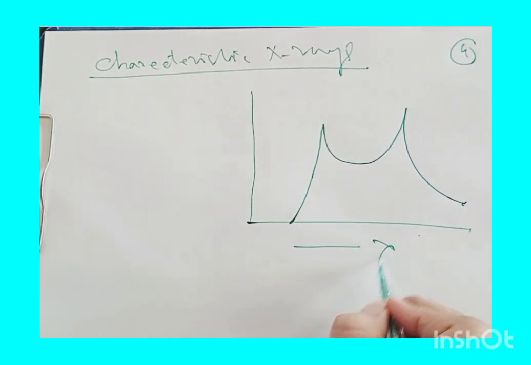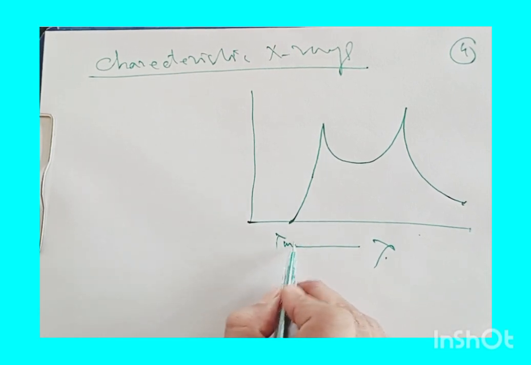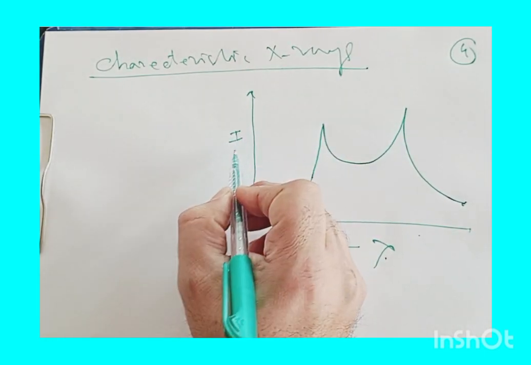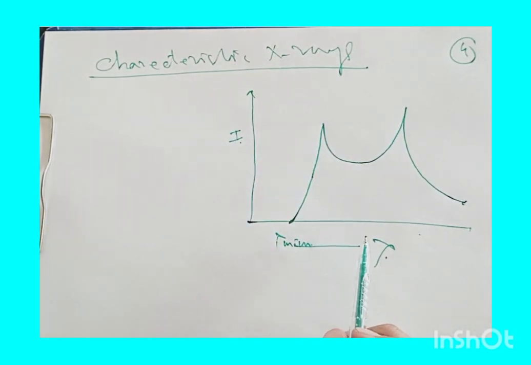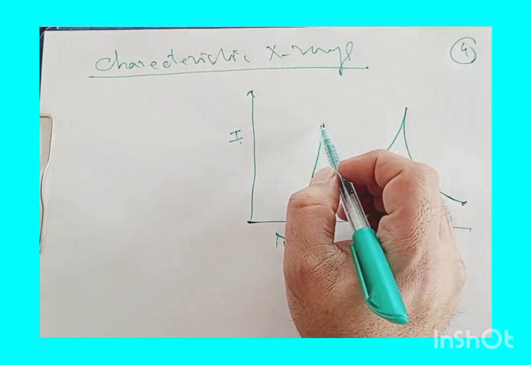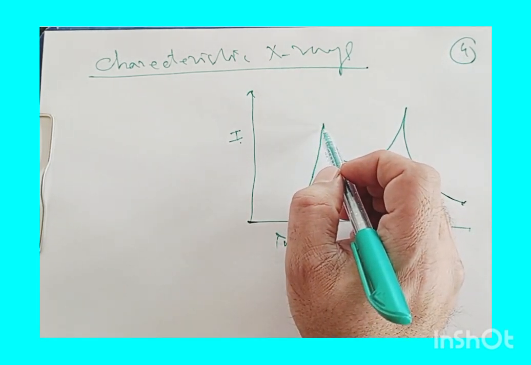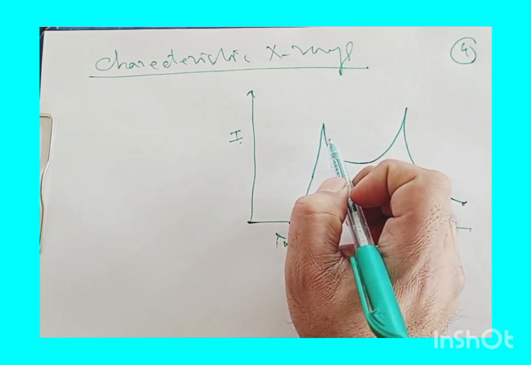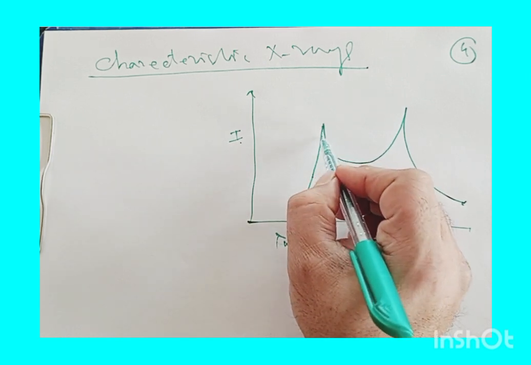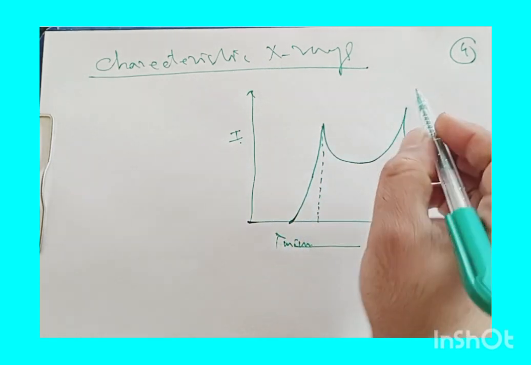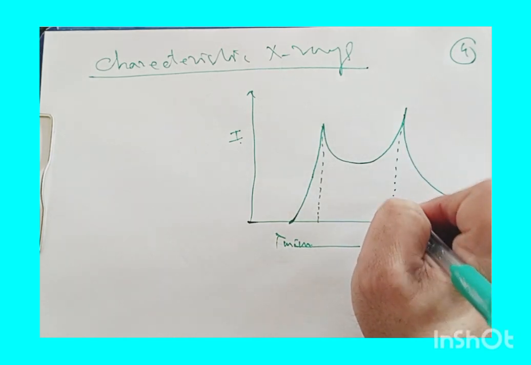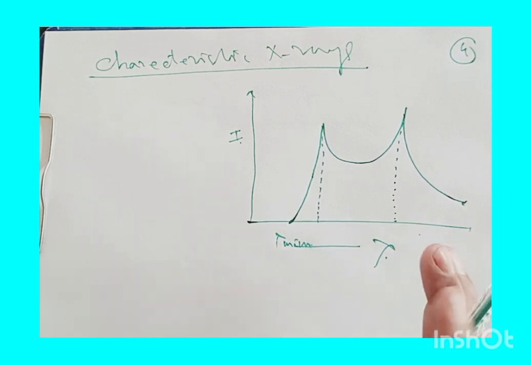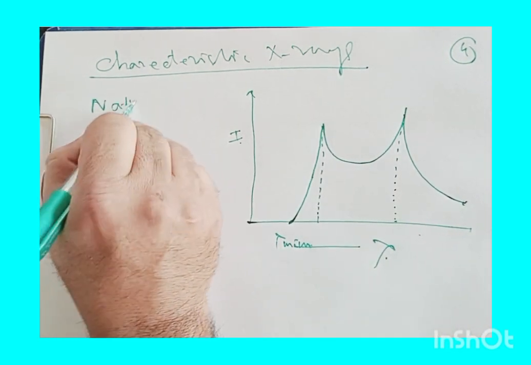So if this is my lambda, this should be my lambda min that was defined in the continuous X-rays, and this is intensity in some arbitrary units. So what is happening here is that we have some sharp lines observable in the X-ray spectrum, and they correspond to some definite wavelength. These peaks certainly depend on the nature of the material.